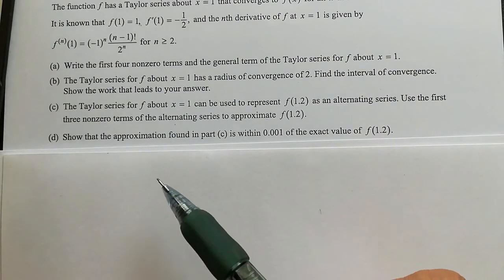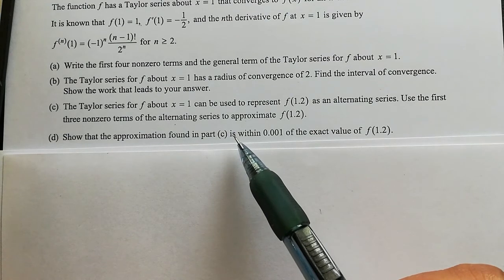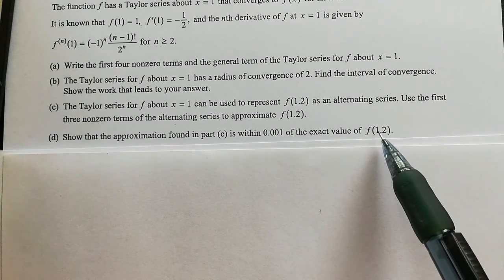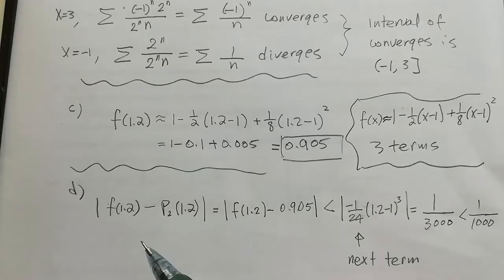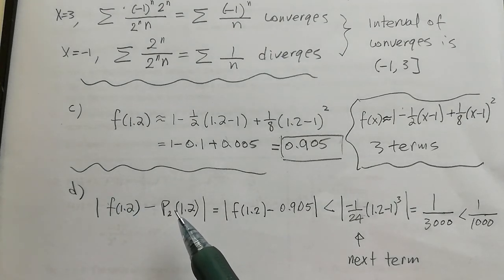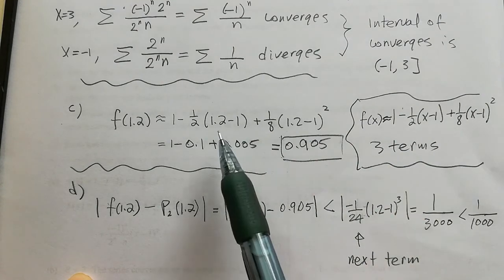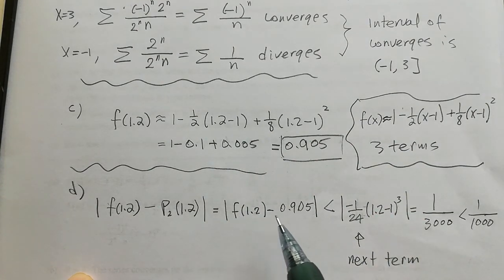Okay, the last question is to show that the approximation found in part C is within 0.001 of the exact value of f of 1.2. So I'm gonna use the alternating series error bound. So f of 1.2 minus the polynomial P2 of 1.2, which basically is this, should be less than the next unused term, which is the 4th term.